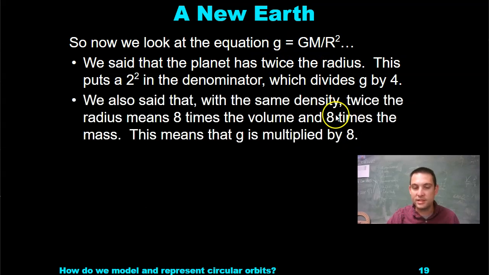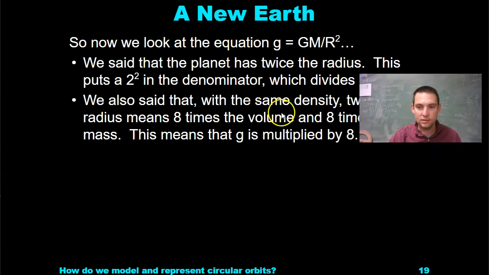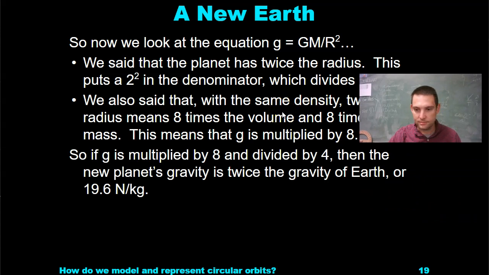Then we also said with the same density, twice the radius means 8 times the volume and 8 times the mass. This means that g is multiplied by 8. So you have 8 in the numerator and 4 in the denominator. It's going to be twice Earth's gravity. 19.6.